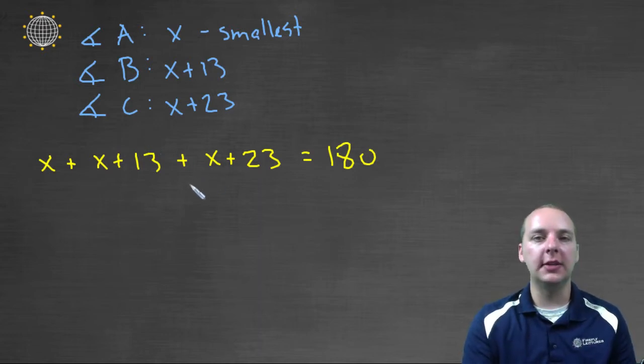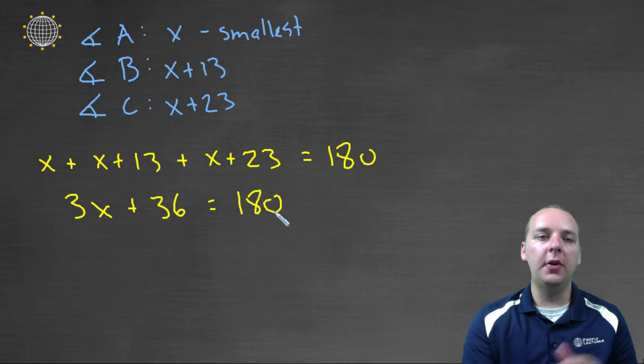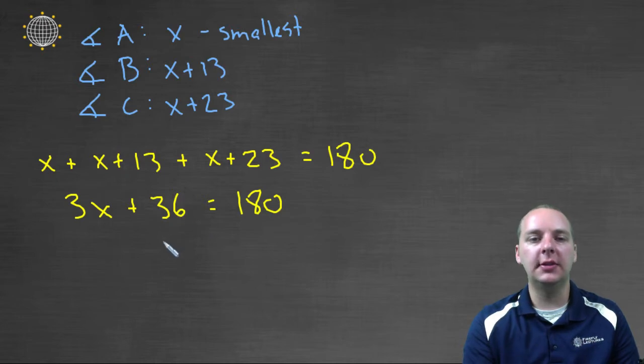Let's just solve this like a traditional linear equation. We'll simplify both sides, combine like terms. We'll have 3x plus 36 equals 180. Then we'll move the variables to one side and the constants to the other. So we'll have 3x, and then we'll subtract 36 from both sides.